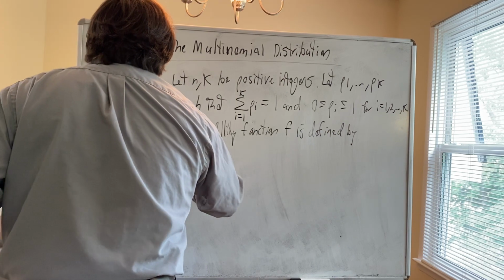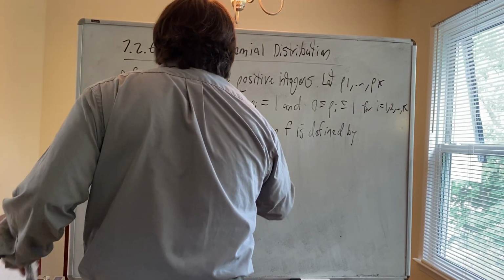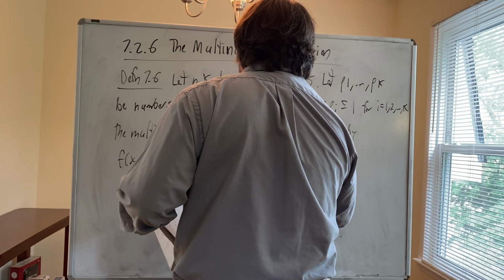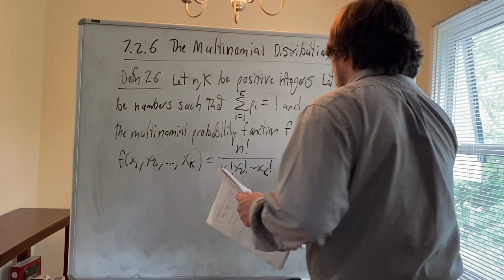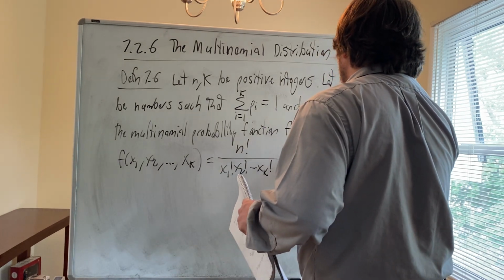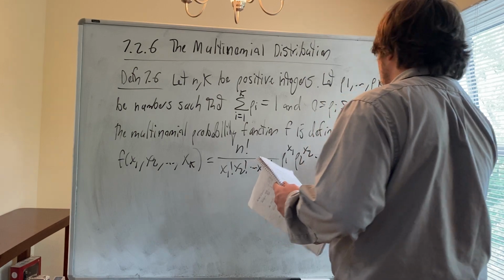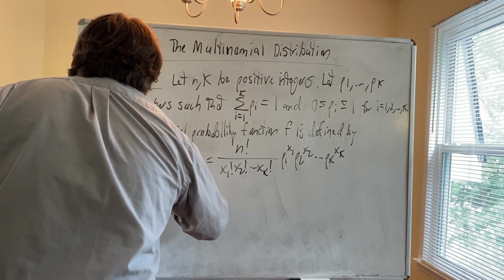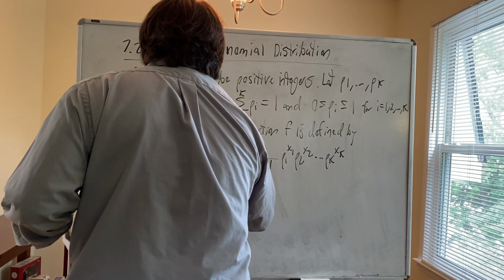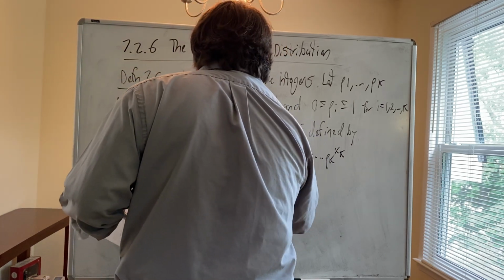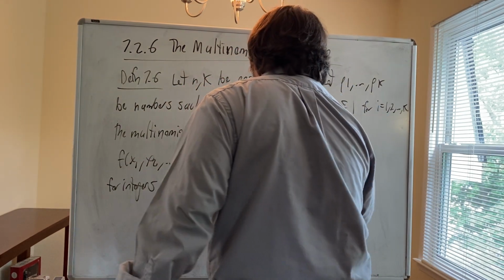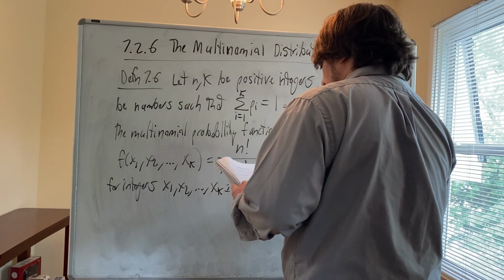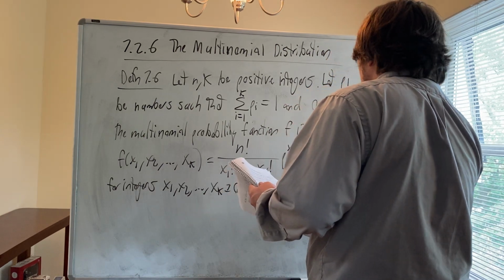f of x1, comma x2, comma dot dot dot, comma xk is equal to n factorial over x1 factorial x2 factorial dot dot dot xk factorial, times p1 to the x1 times p2 to the x2 times dot dot dot times pk to the xk, for integers x1, x2, dot dot dot, xk greater than or equal to 0, such that the sum from i equals 1 to k of x sub i is equal to n.